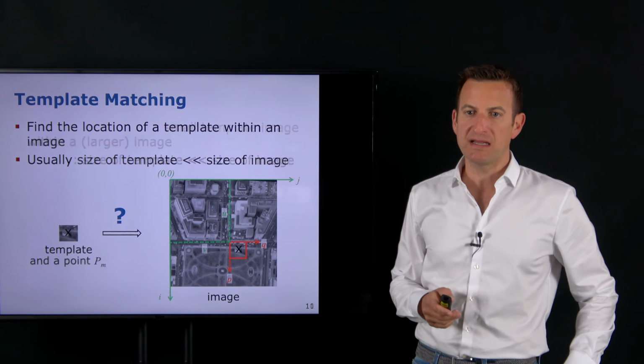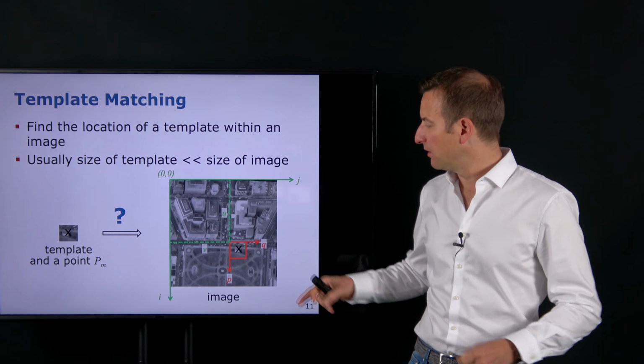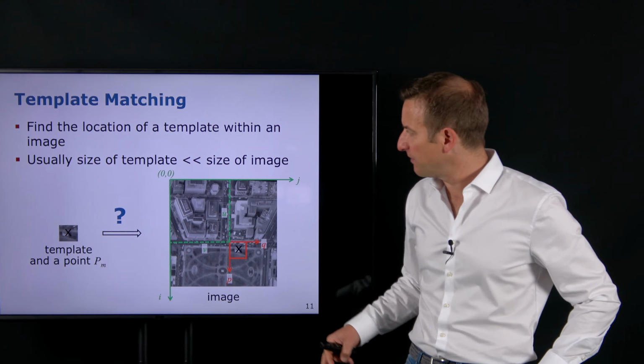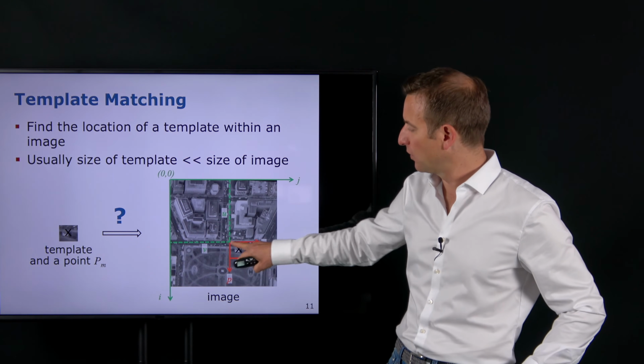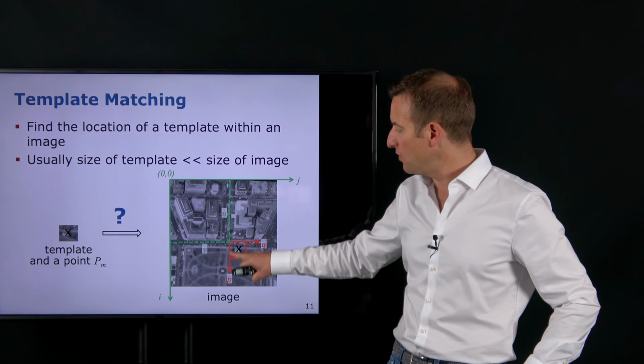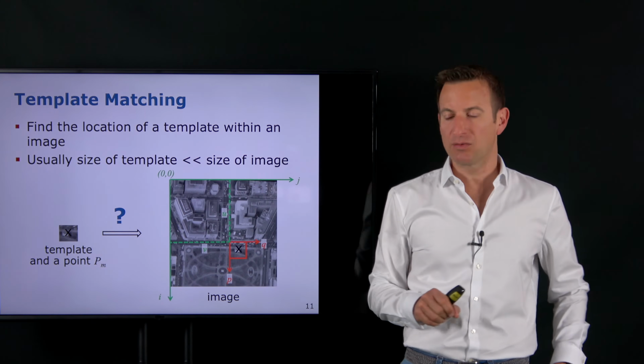In order to locate it, we want to have an offset where that patch is. So there should be a transformation between the local coordinate system of that template over here, which is written as Q and P, and we have I and J over here in our original image.